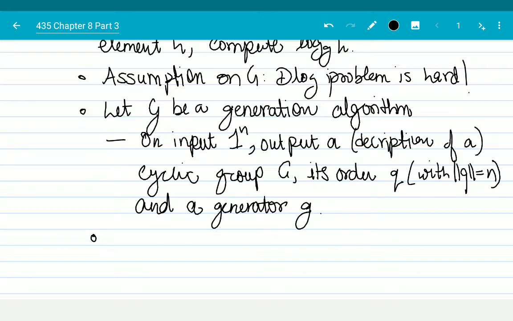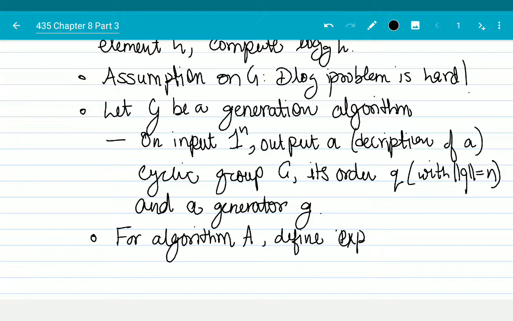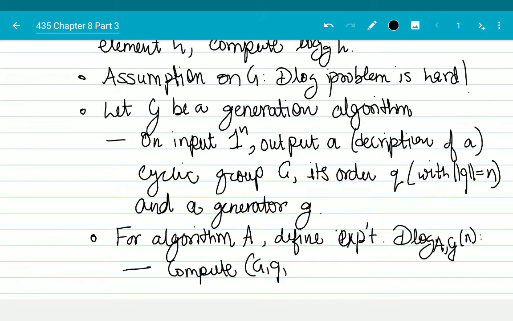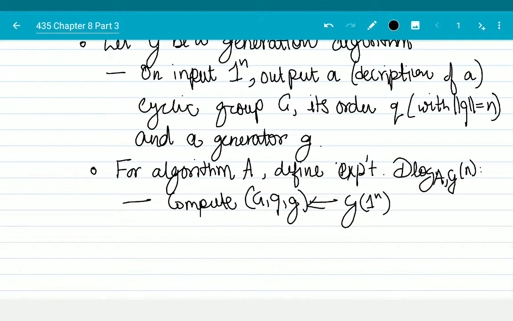For algorithm A, define the following experiment, the experiment DLog A, G of n, as follows. Compute G, q, g once you have fed the group generation algorithm 1 to the n.